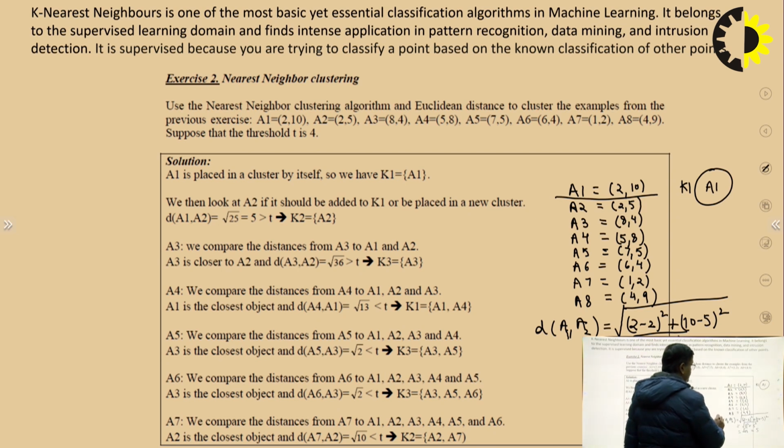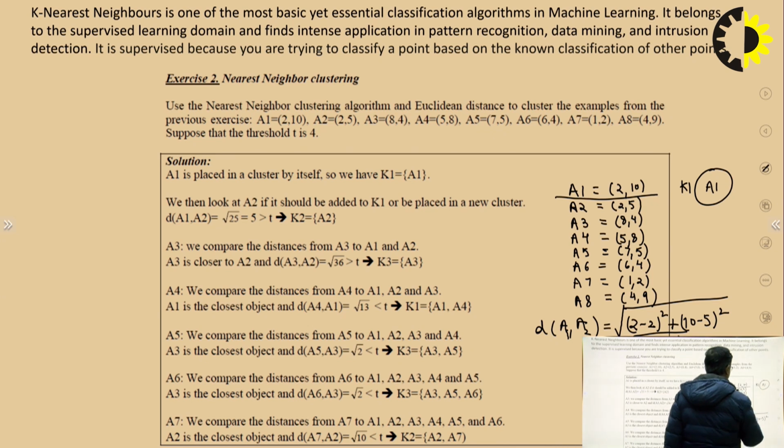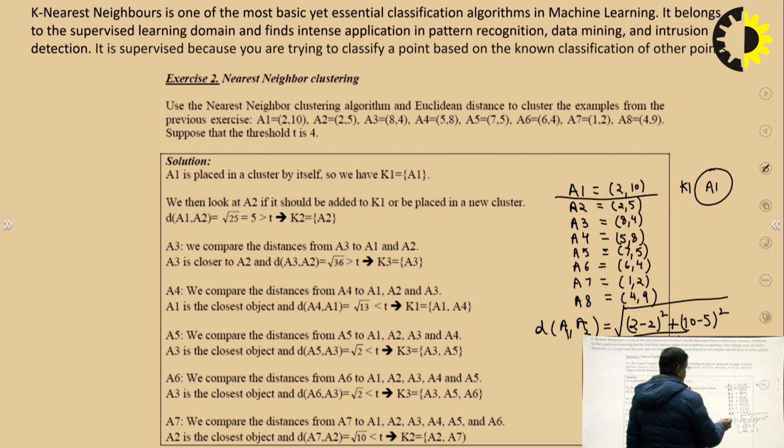Had this distance come out to be, say, 3, which is less than 4, then this A2 would have gone to the existing cluster K1. But because the Euclidean distance between A1 and A2 comes out to be 5, which is greater than the threshold value of 4, this point A2 will go into a new cluster.